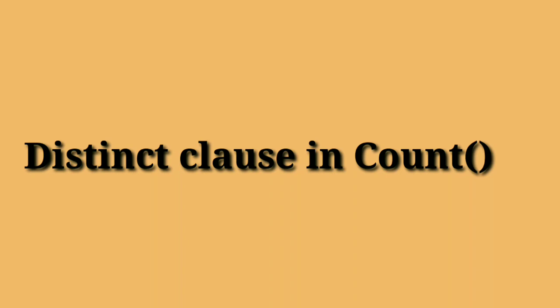After discussing count star and count function, let's see the distinct clause in the count function. Let us see another example. We want to count unique values of a particular column. For example, if we want the unique number of streams in the table, in that case we will provide the distinct clause inside the count function.